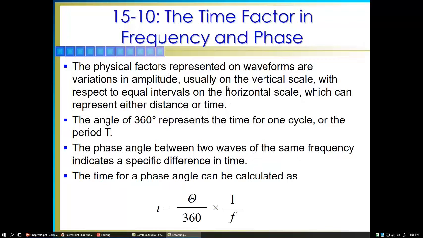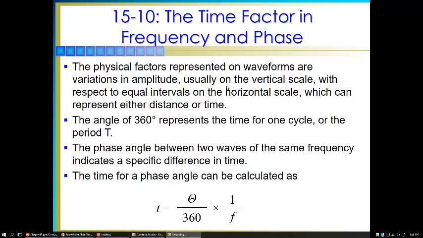The time factor, for frequency and phase, is the time that it takes for the waves to cover the difference in the angles.